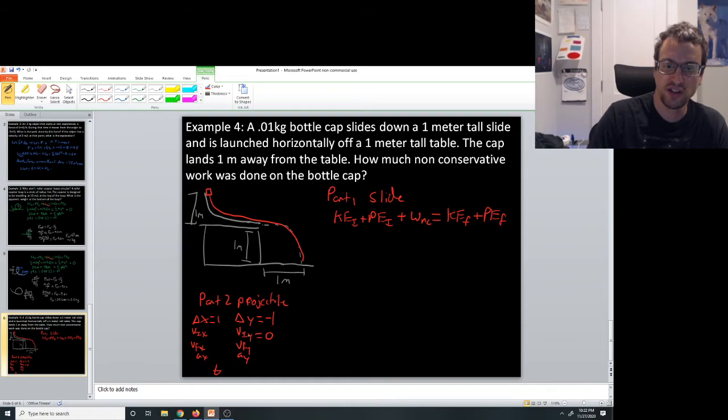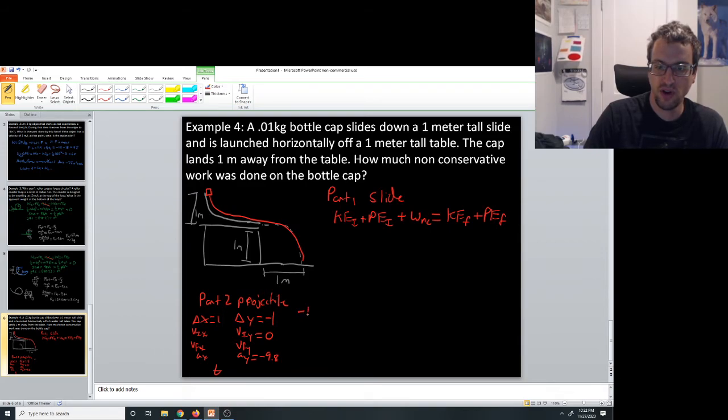It's coming off horizontally. Ay is -9.8. I skipped a couple steps here because I already know how we're going to do this. But basically, the idea is what connects these two: the final velocity of the slide is the initial velocity of the projectile. I don't have enough information to solve the slide part, but I do have enough information to solve it here. So I can solve for time with y.